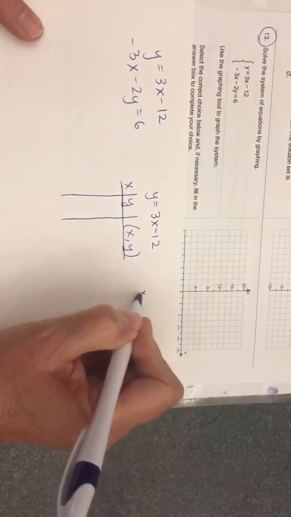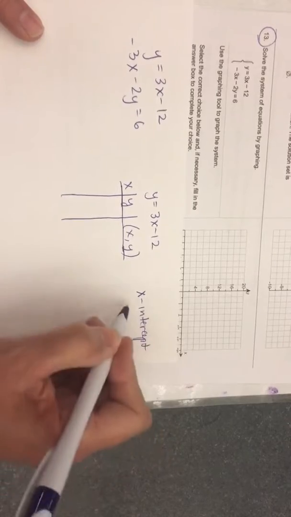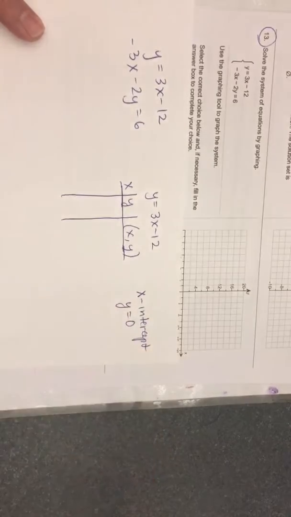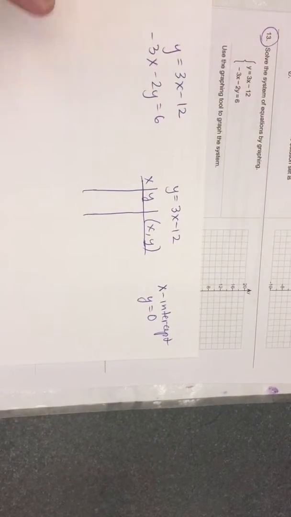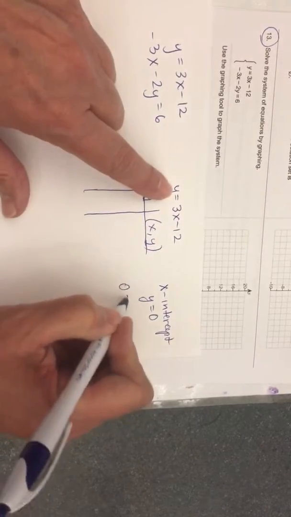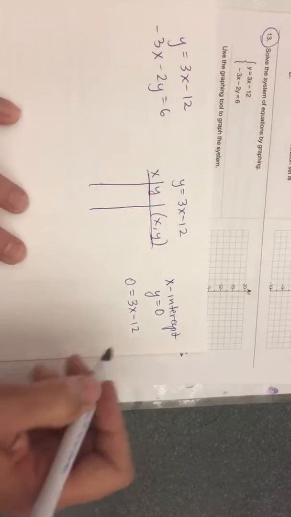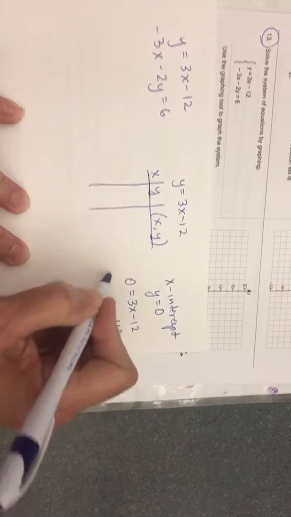On this t-chart, x-intercept, y equals 0. So write that down when you find the x-intercept. This will put it in your long-term memory. Y equals 0. This will give me 0 equals 3x minus 12. Let's add 12 to both sides.